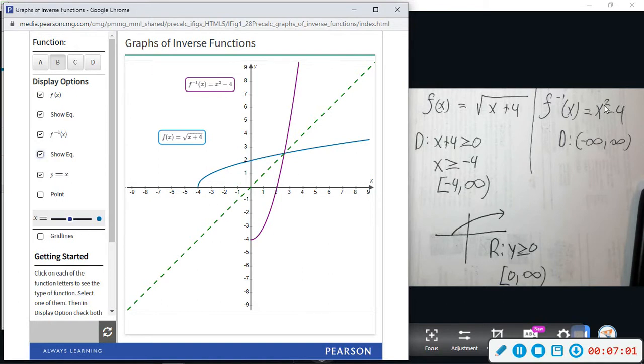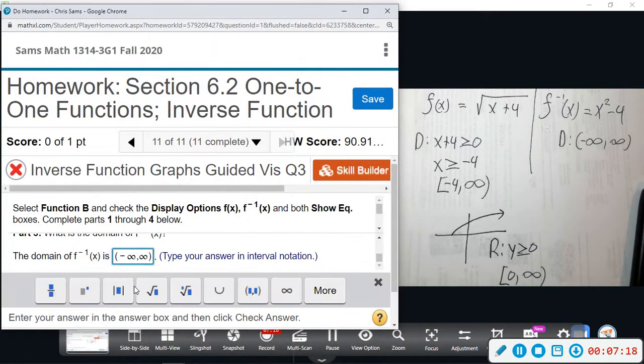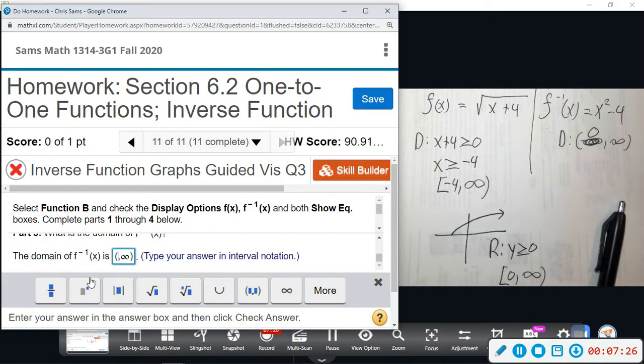But if it was x squared, I don't know why that's throwing me off. Normally we have a restriction, so that's what we're doing right now. This is going from 0 in the x direction to the positive infinity side. Okay. So not negative, it's going from 0 to infinity, the right side. You can see that from the picture. So 0 here, and we do want to put that in a bracket. It's going to be equal to 0.